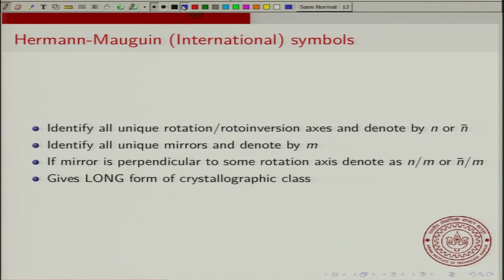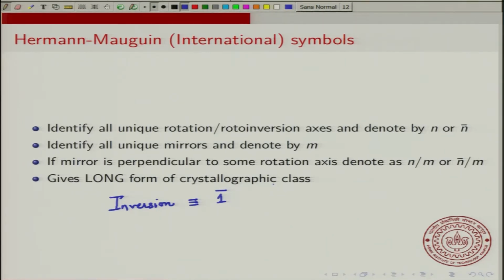So we keep in mind that inversion is equivalent to 1 bar, so it is included in 1 bar. Essentially you are taking care of all the symmetry elements of the point group of the crystal.